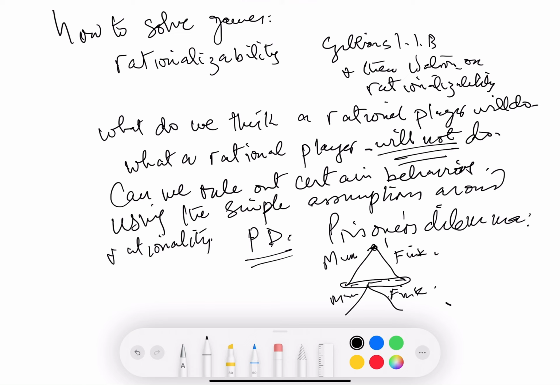So if I write the normal form following the usual convention, each player has just one decision to make. It's mum and fink. Mum and fink. Okay? So each player has only one decision to make. It's simultaneous. So that's what a normal form would look like.